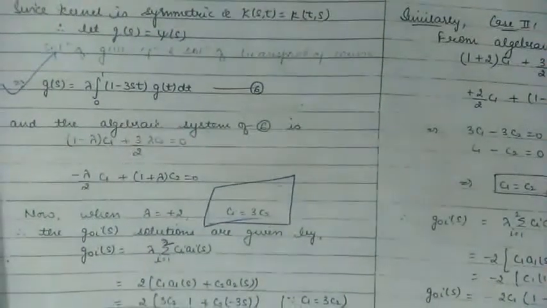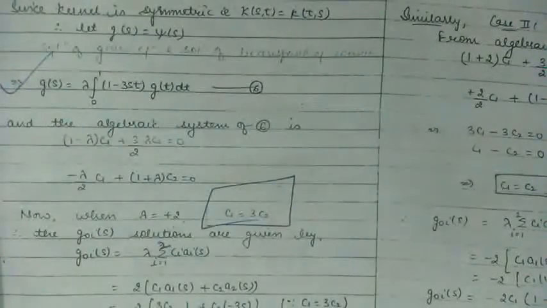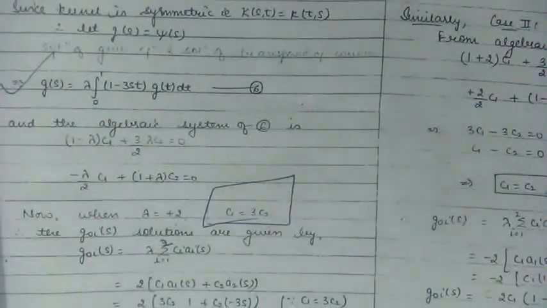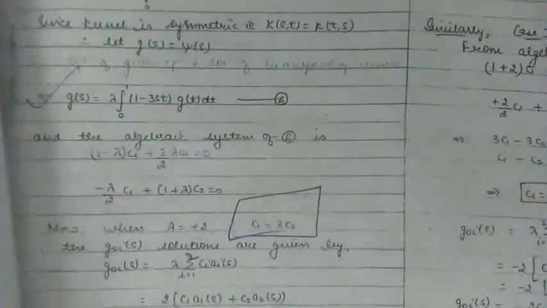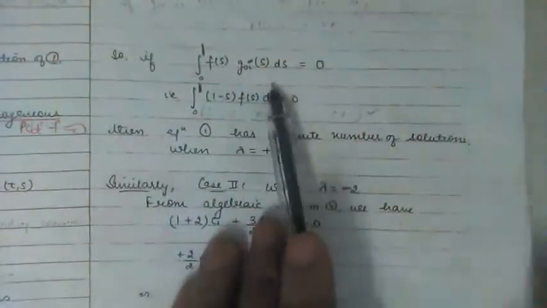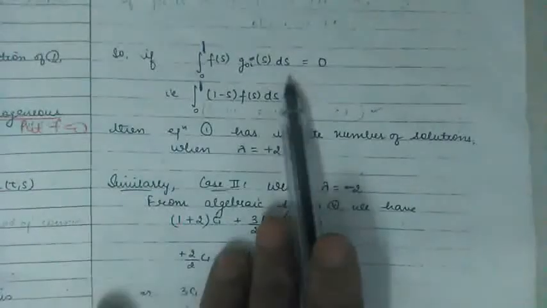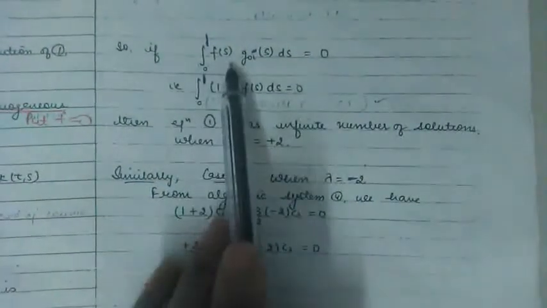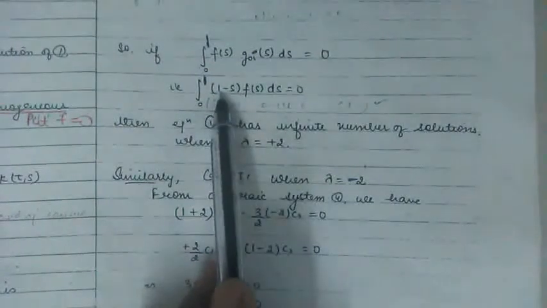Now according to the statement of the Fredholm alternative theorem, the given equation has a solution if these functions are orthogonal to the function f. It means the inner product of the function f with these solutions is 0. So by definition of inner product, the integral from 0 to 1 of f(s) into the solutions g0i is equal to 0. Substituting the value of function f, this is 1 minus s.